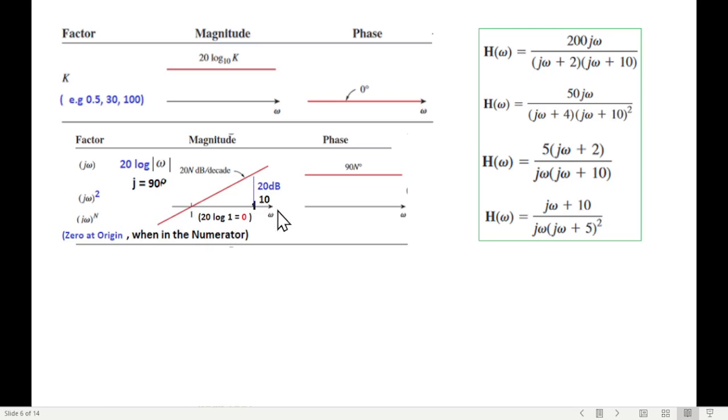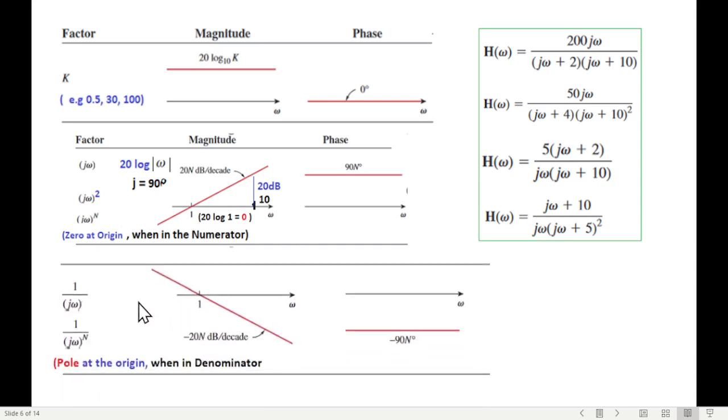So this was the magnitude. The phase angle, as we said, is 90 degrees. So this was our zero axis, and we plot a 90 degree line for the phase angle. Since this is at the numerator, it has a positive slope and a positive angle. This is also called a zero at origin, because the terms in the numerator are called zeros.